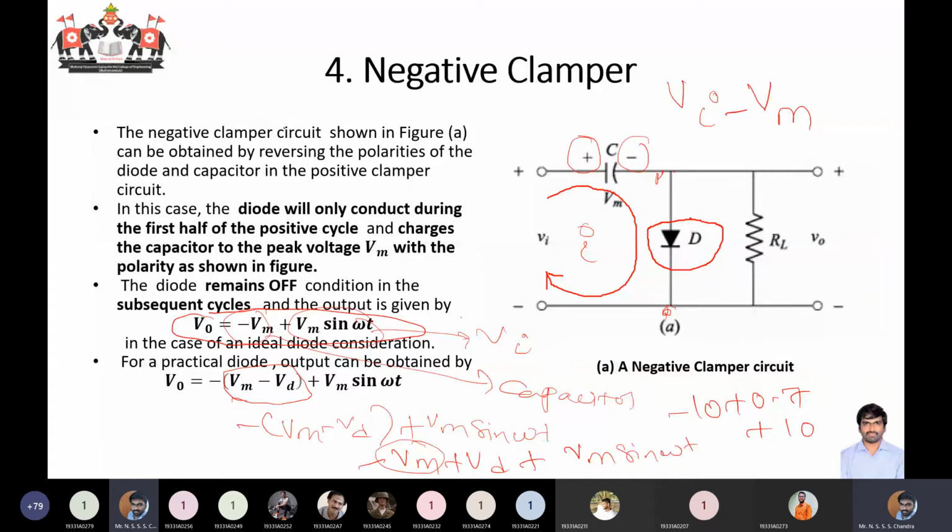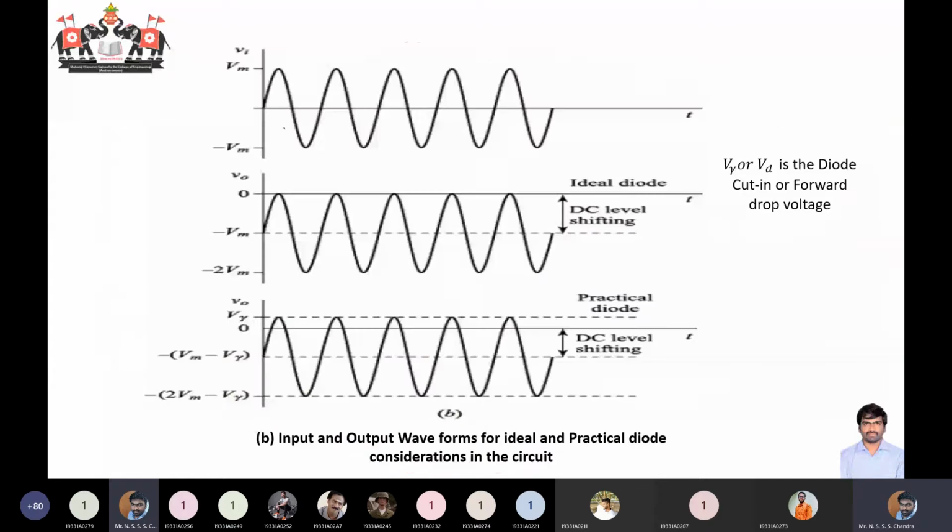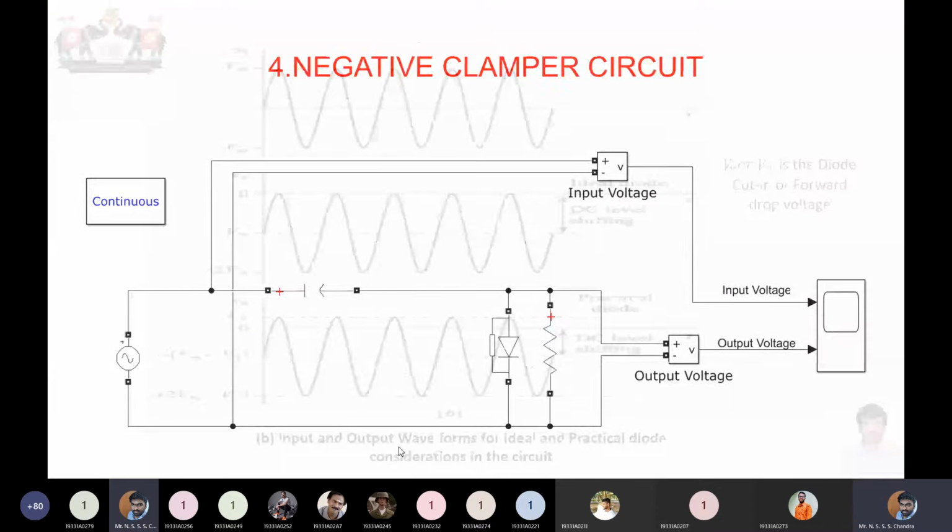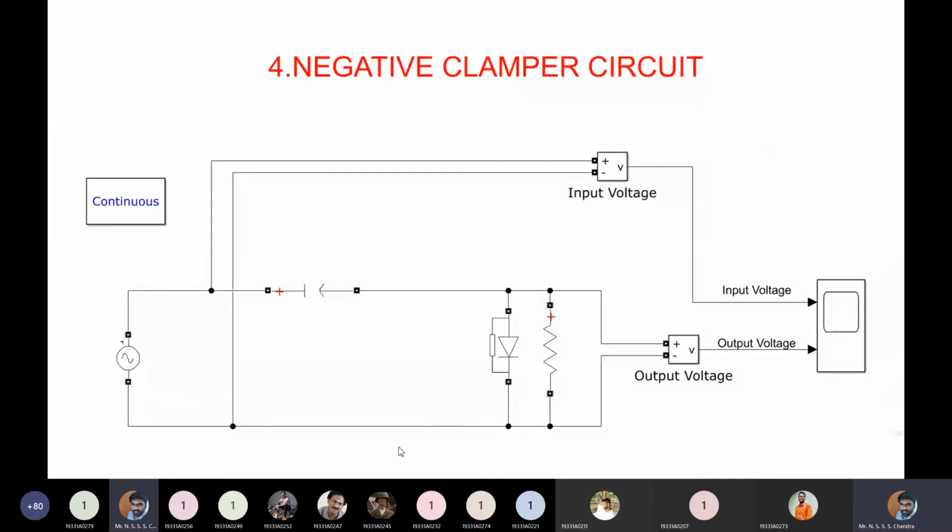Instead of 0, it would have been 0.7. So here you can see that the maximum value is at V gamma. V gamma or Vd is the same, so it is around 0.7 volts that you will get if you simulate the circuit. This is for your negative clamper circuit.